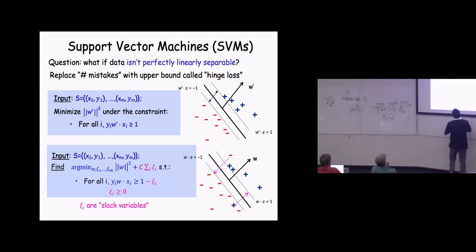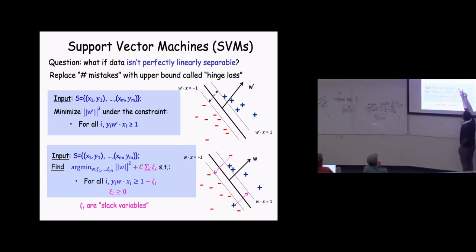Instead of minimizing W square or W prime, whatever we define, it's just a notational thing, we are trying to minimize W square plus all these slack variables for each point, right? Each point will have a slack variable. You have x_i, y_i, where i is the index of your data set.